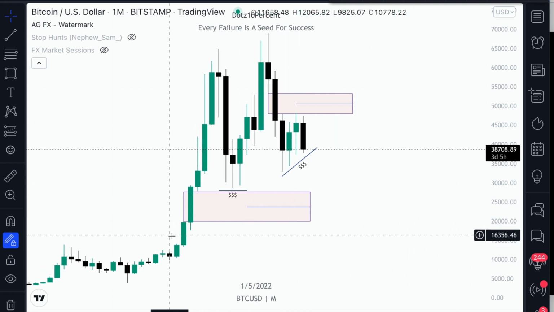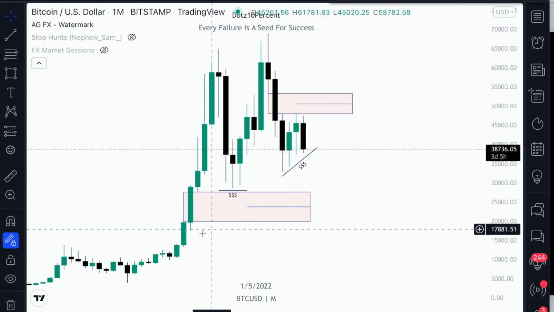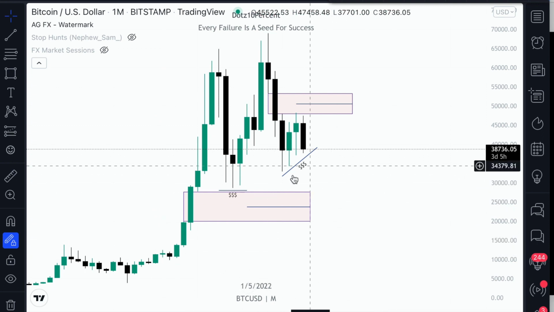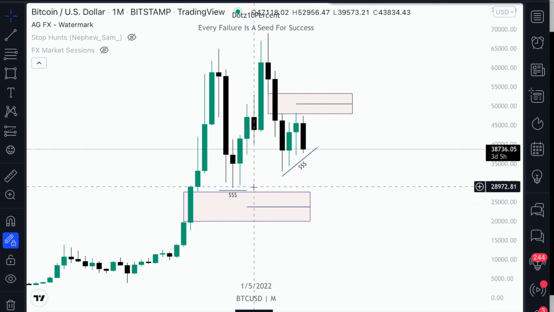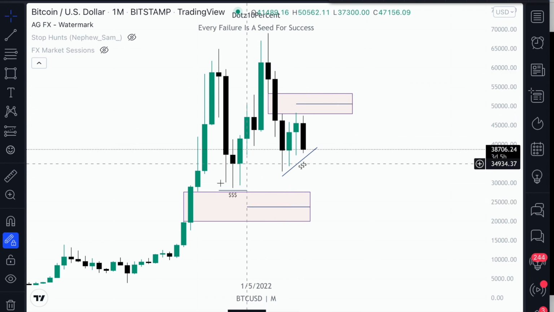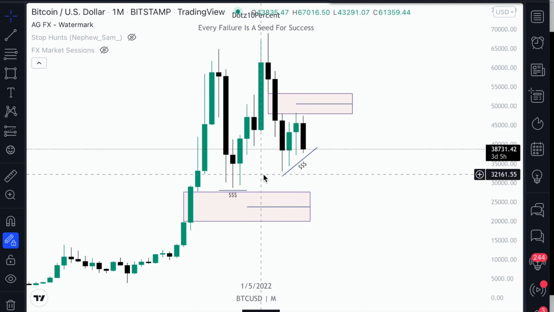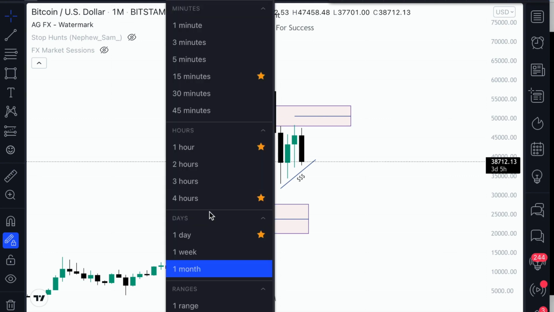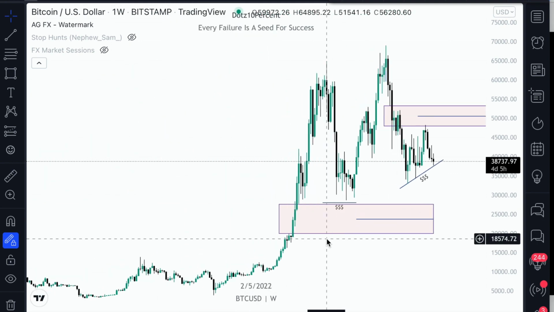So of course there's a small imbalance here as well, and so forth. You could say there's a very tiny one here, but I've just marked out the obvious ones, the ones close to price that will help frame a narrative for now. So cool. So we've got two major imbalances and then two points of liquidity marked out on our charts, right? And now we can come on to our weekly time frame. We can drop a time frame.